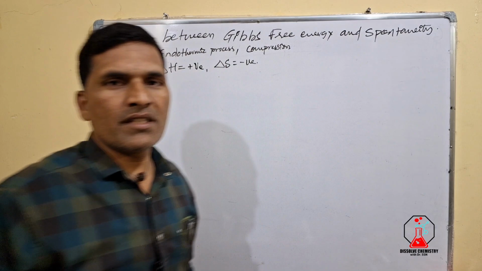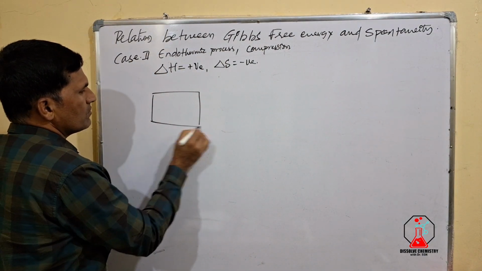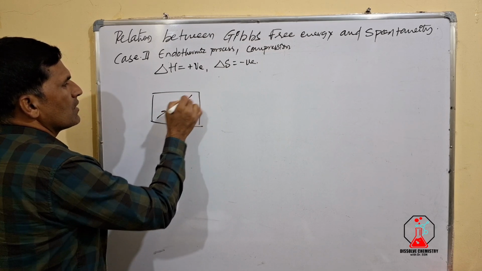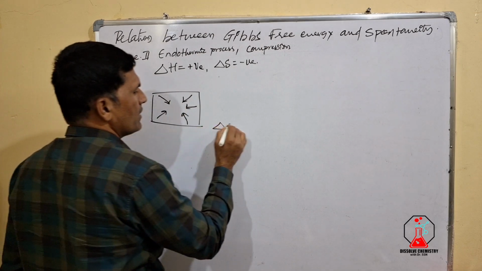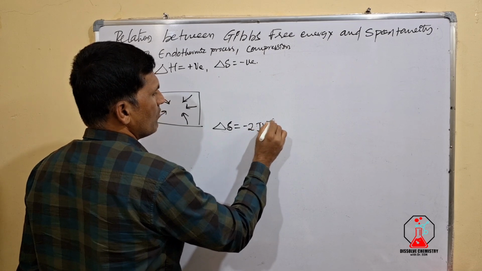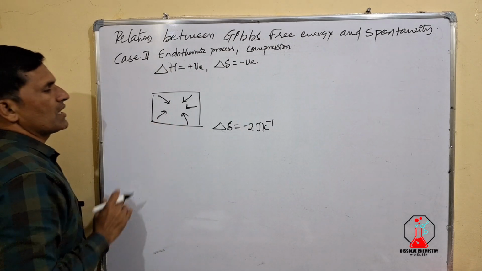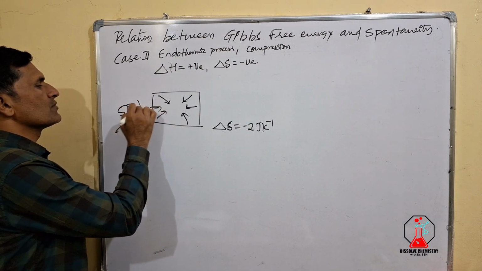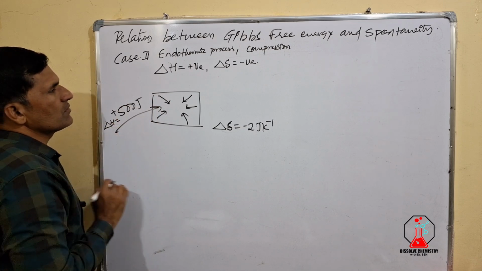Then we will see what happens to the Gibbs free energy change. Your system is undergoing compression, getting ordered, with delta S of the same value but with the sign minus 2 joules per Kelvin. Now the same 500 joules of energy we will give. It is again endothermic, delta H is positive.